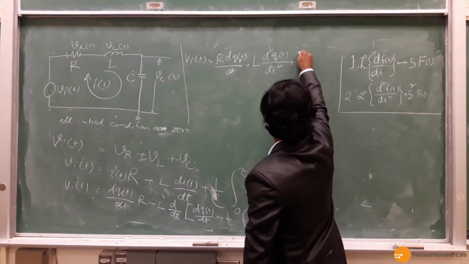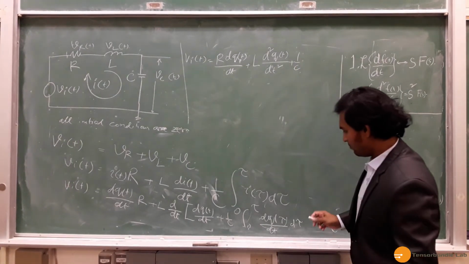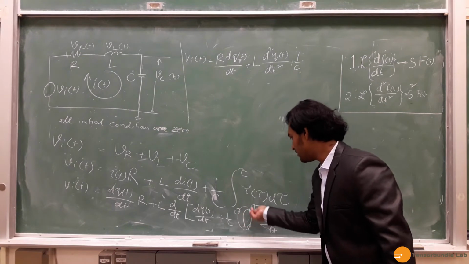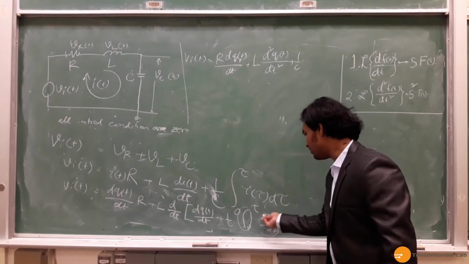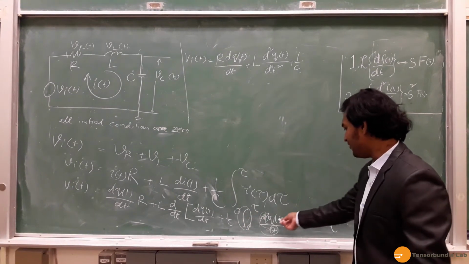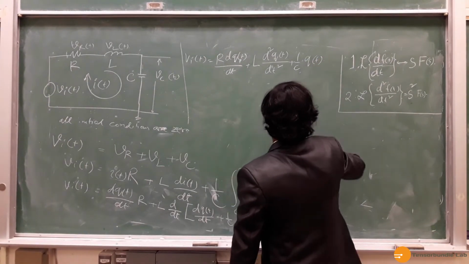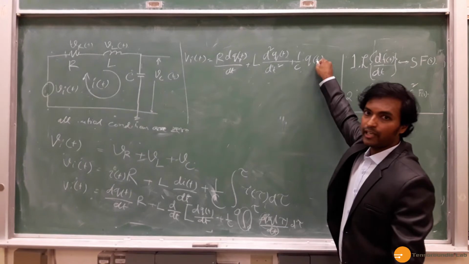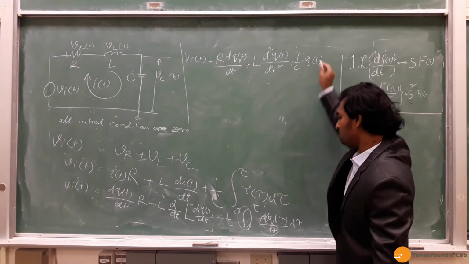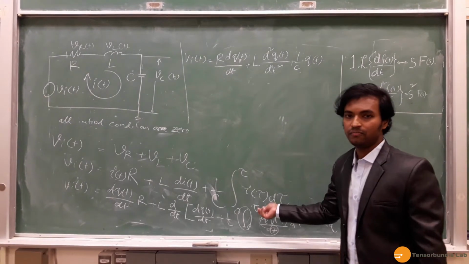And then we have 1 over C, but we already have an integration and a differentiation, so they will cancel each other, leaving only q of t. I revert back to the normal t variable because we no longer need tau.